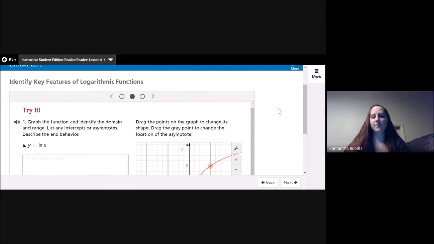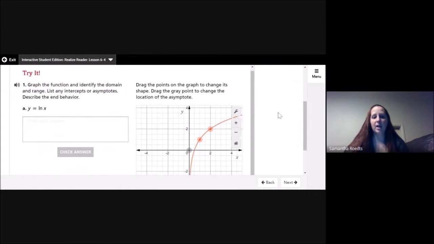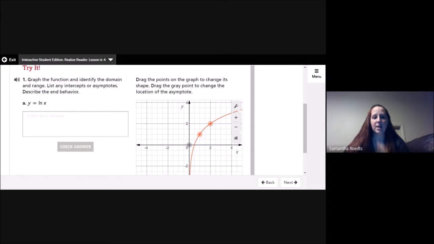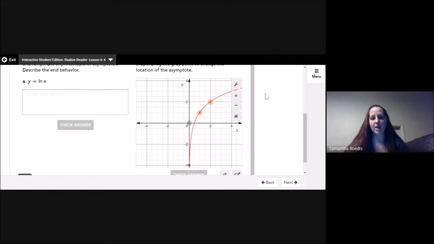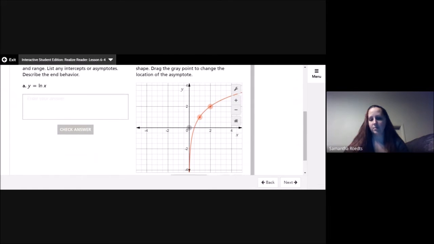So let's try it. Graph the function and identify the domain and range. List any intercepts or asymptotes. Describe the end behavior. So y equals ln of x. Drag the points on the graph to change its shape. Drag the gray point to change the location of the asymptote. So again, I want to substitute in a couple of different values.